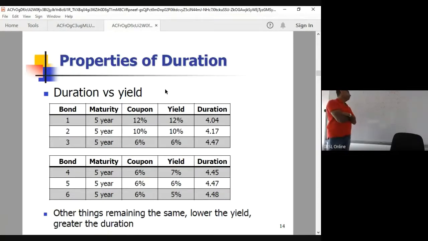Higher the coupon, lower the duration. Lower the coupon, higher the duration. No coupon means it's the full duration, which is basically, if there were no coupons in between, the full 5 years of the bond will be the duration.